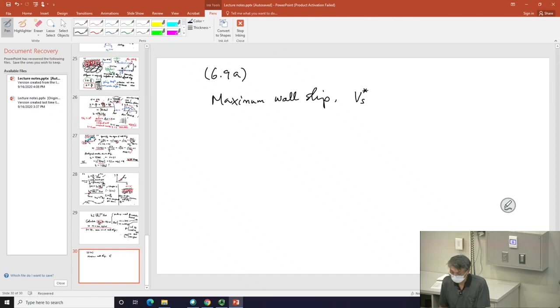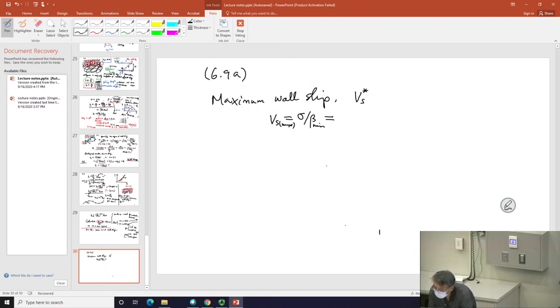It is not difficult to show a pretty fascinating relationship, because we basically said V_s is sigma divided by beta. If you are talking about maximum, then you are talking about beta being minimum.